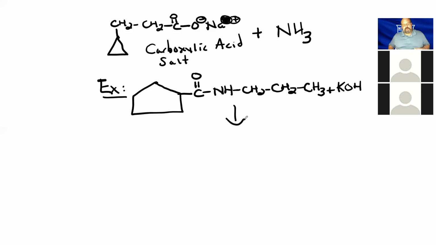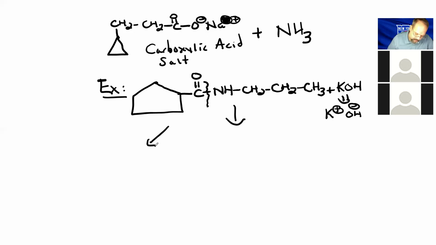So again, we have our amide, potassium hydroxide. What reaction is going to take place? Base hydrolysis. So again, where's the amide going to split apart? The bond between the C double bond O carbon and the nitrogen. Again, we won't think about KOH as KOH. We'll think about it as K plus and OH minus.